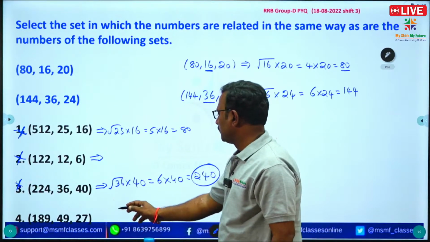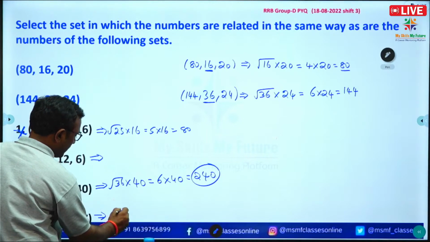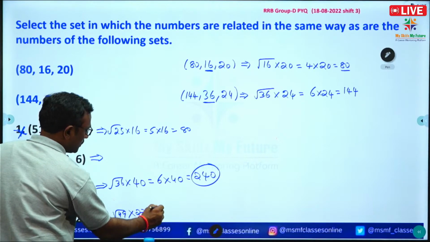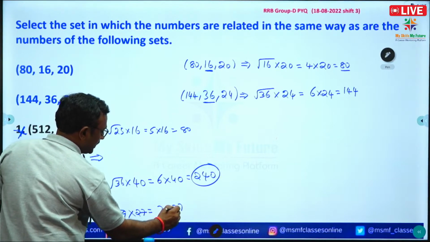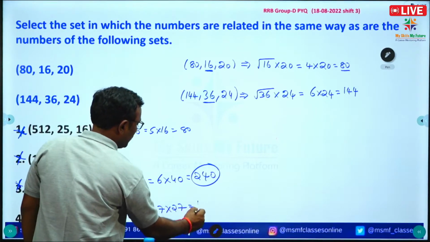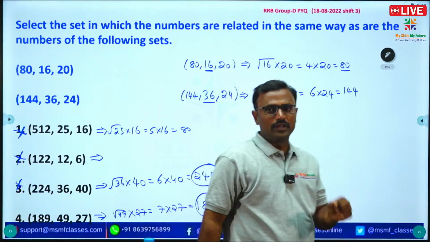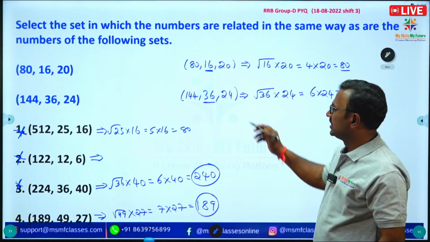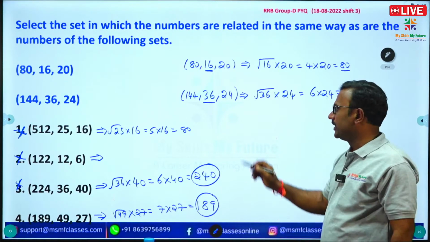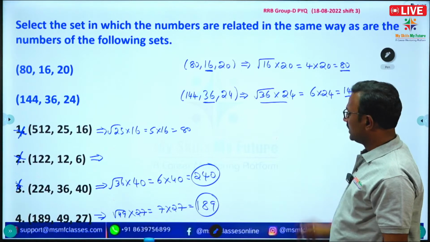See the fourth one: root 49 is the second number, and 27. So 7 into 27, root 49 is 7. 7 into 27 we get 189. So I hope the logic is clear: root of the second number into the third number gives the first number.